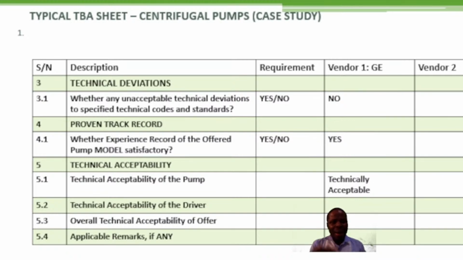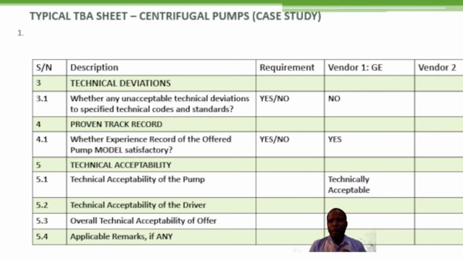All right. Now, another thing you have to look at is the proven track record of the vendor. Because the bidder shall mandatorily submit a duly filled-in experience record pro forma.